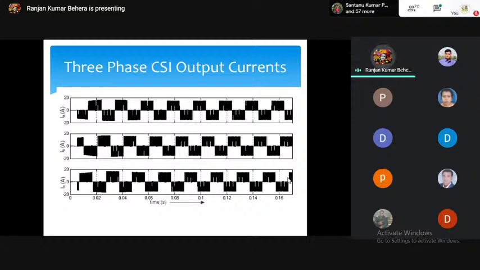You can see here, they are all 120 degrees phase apart from each other, okay? The A phase and B phase are 120 degrees apart, and the C phase is 120 degrees apart like that. This is the complete balanced output.